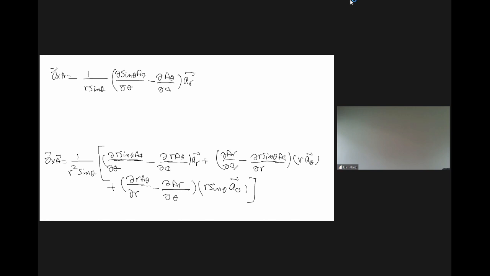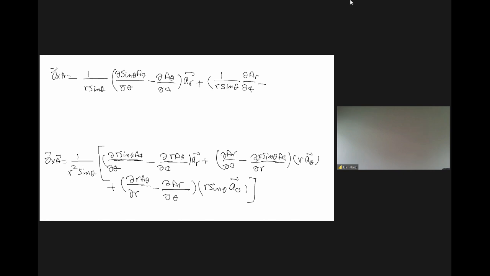So, what about this case? In this case, I'm differentiating with respect to r for this one. By the way, 1 r in front of A_theta cancels 1 r. I can also move that sine theta out because the derivative with respect to r doesn't involve theta. So this is equal to plus, 1 r cancels 1 r, so I have 1 over r sine theta d A_r over d phi minus, this r cancels 1 r.